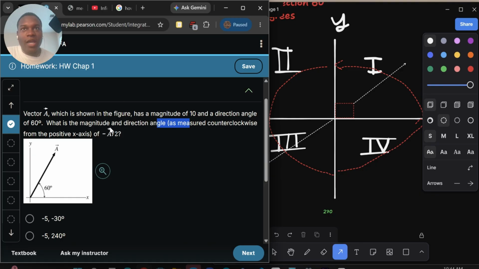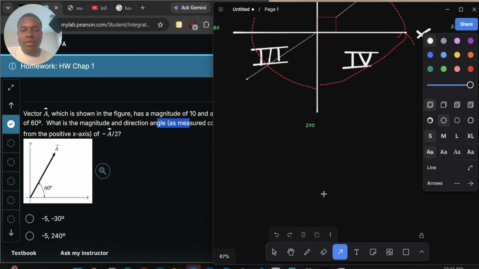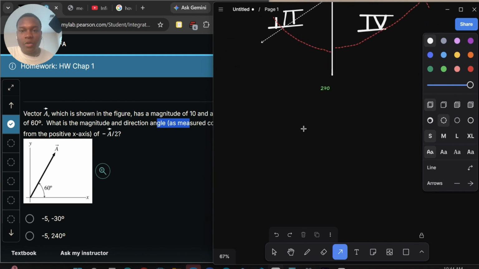In real life, you can't walk a negative distance. You only really do anything negative or positive from some other reference point. And that's really how positioning works on a coordinate system or just in real life.